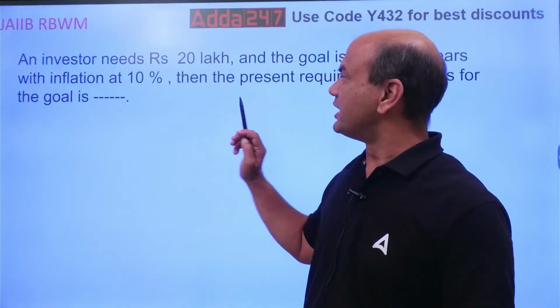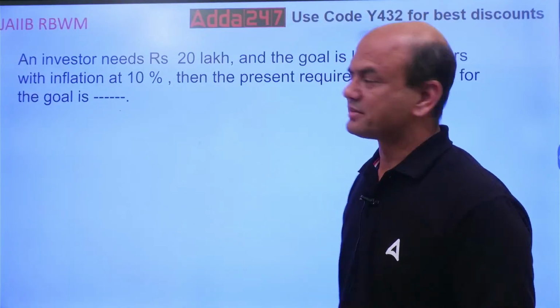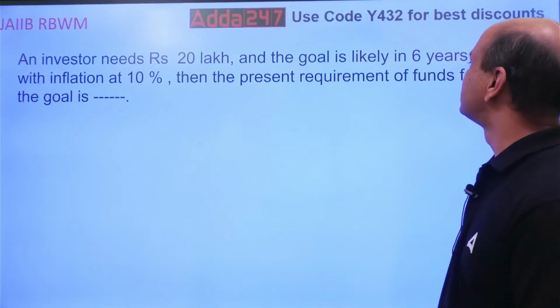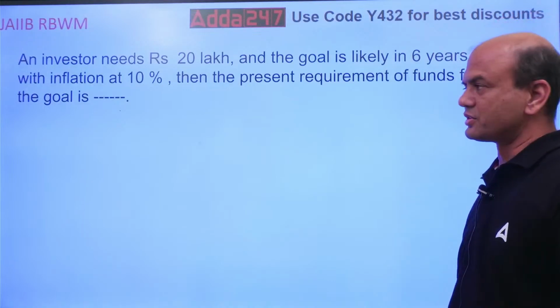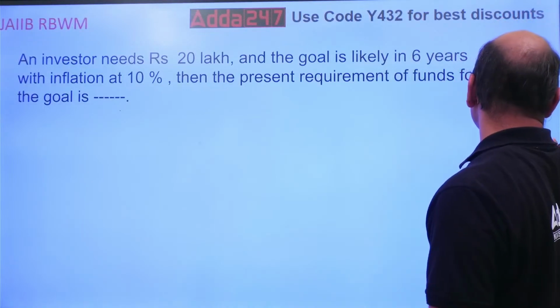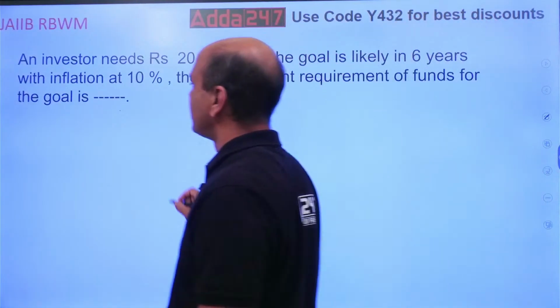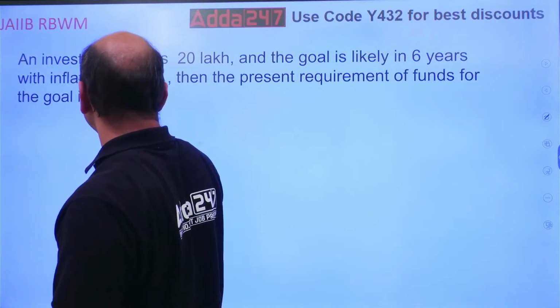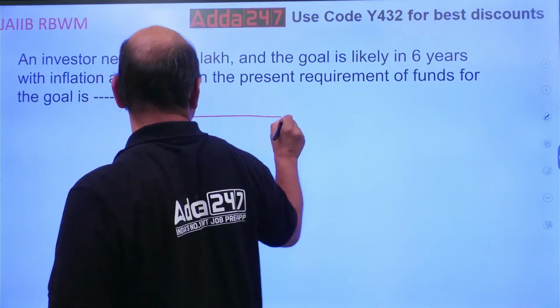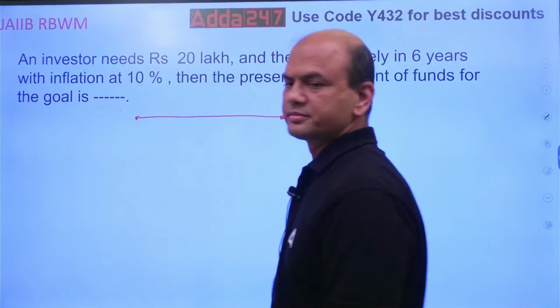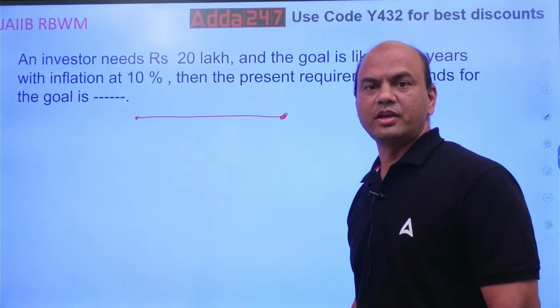So, an investor needs 20 lakh and the goal is likely in 6 years. Let's write this down. What is required from this? Required is at the end. Plot this like this. Everyone pay attention.